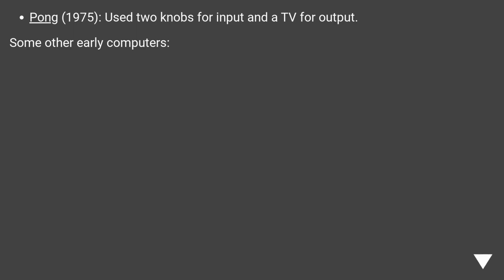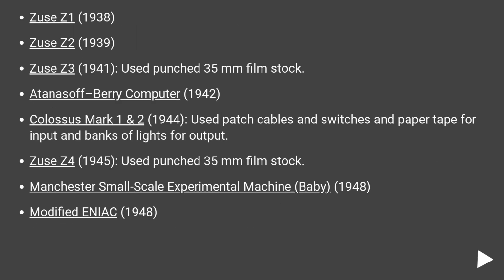Some other early computers: EDSAC, 1949. CSIRAC, 1949.